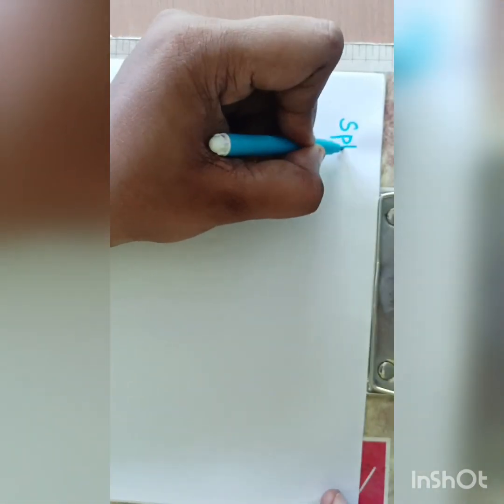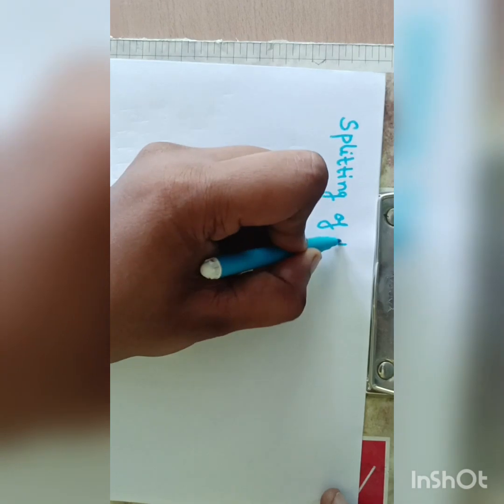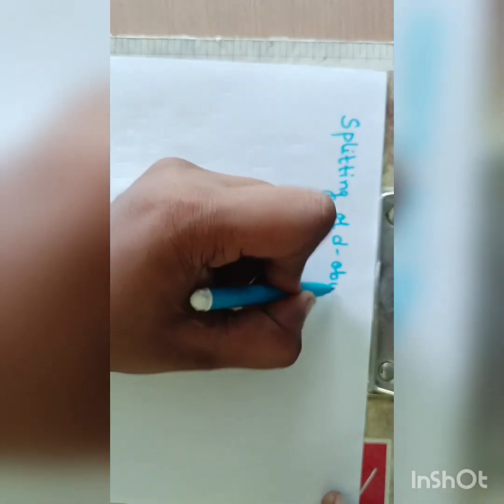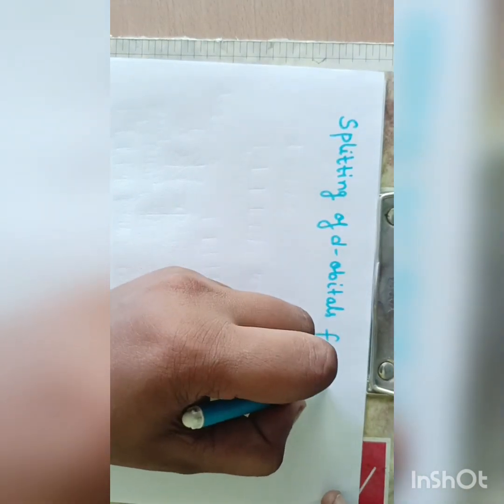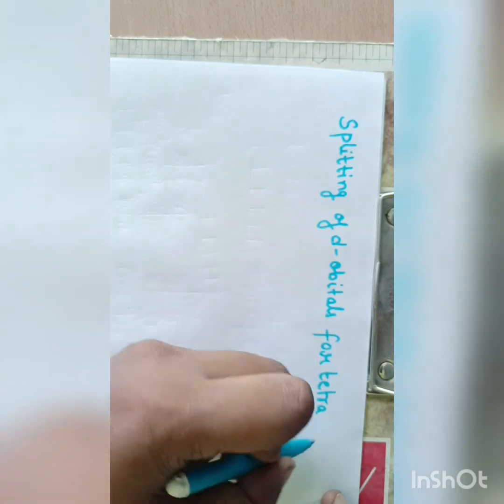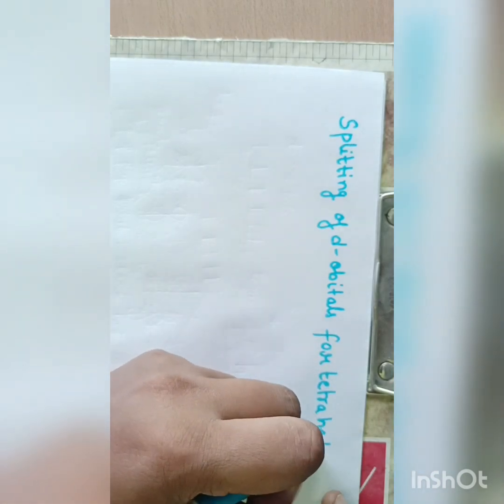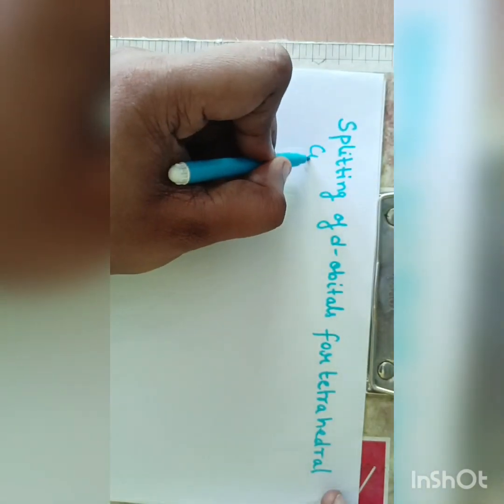Now we will draw for the tetrahedral ligands. So here this is splitting energy, splitting of d orbitals for tetrahedral complexes.